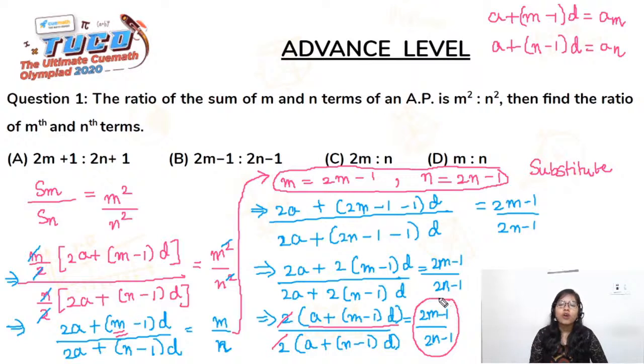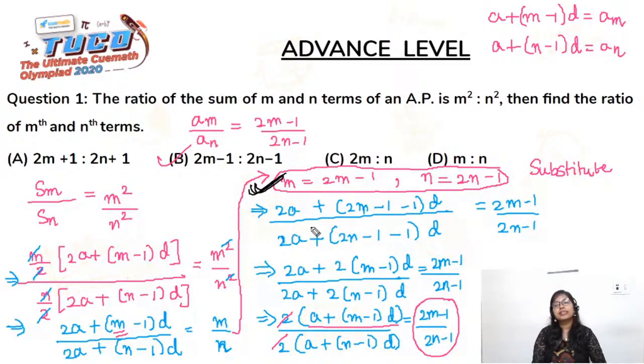So the final answer, am over an, is equal to 2m minus 1 over 2n minus 1. And this is option B. I hope all of you now understood why we took this substitution. The purpose was to get the format of am over an in the later stages. And this is how we get into it.